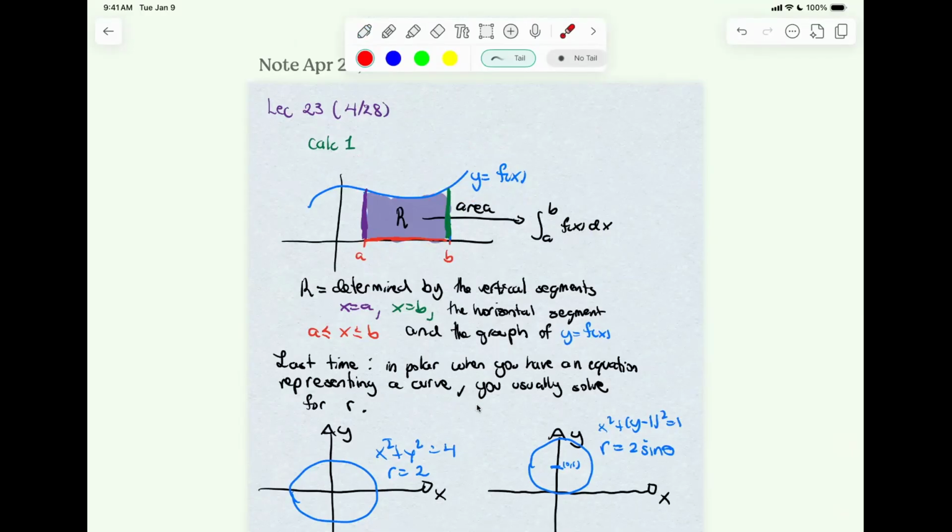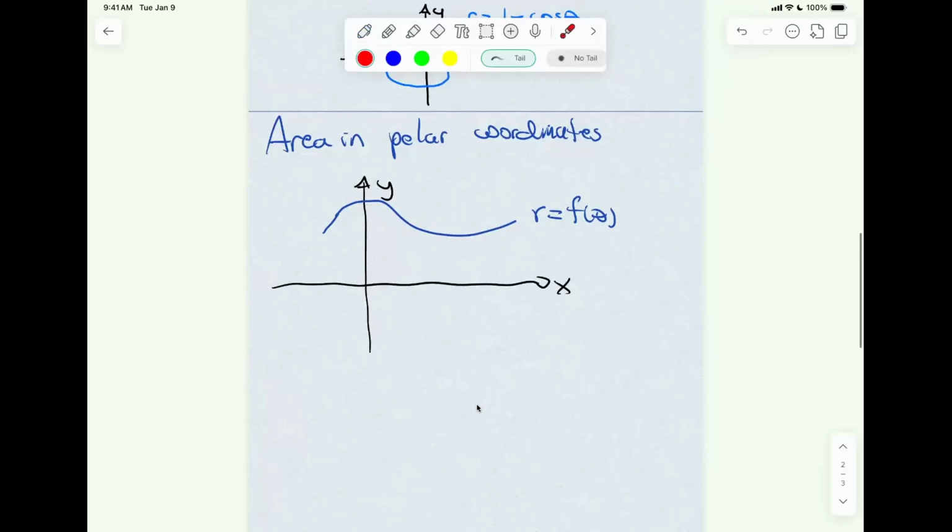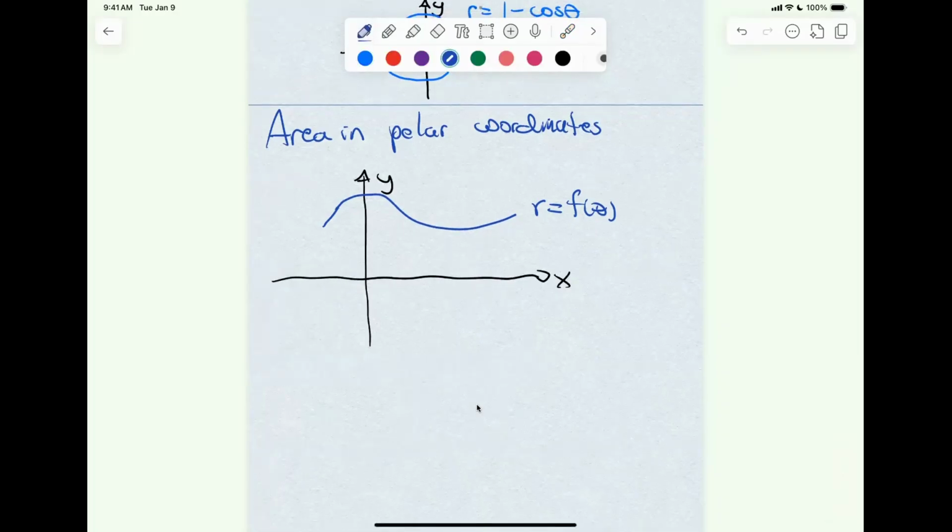So by analogy, if you want to find the area in this case, I'll use the curve, but instead of horizontal or vertical lines, because they don't work as well in polar, I will use rays. So I'll draw two rays, and I will find the area.